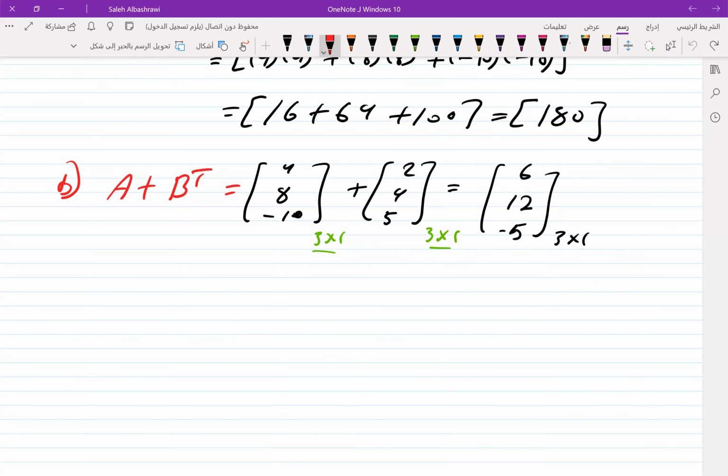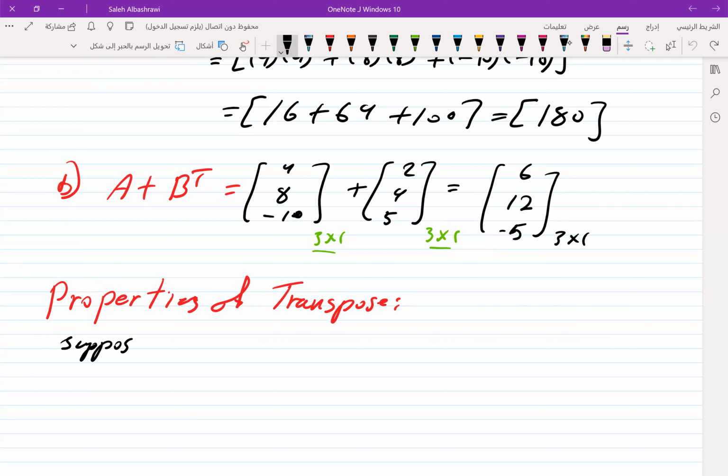Let's state the properties of the transpose. Suppose that A and B are matrices, B not beta, and K a scalar.